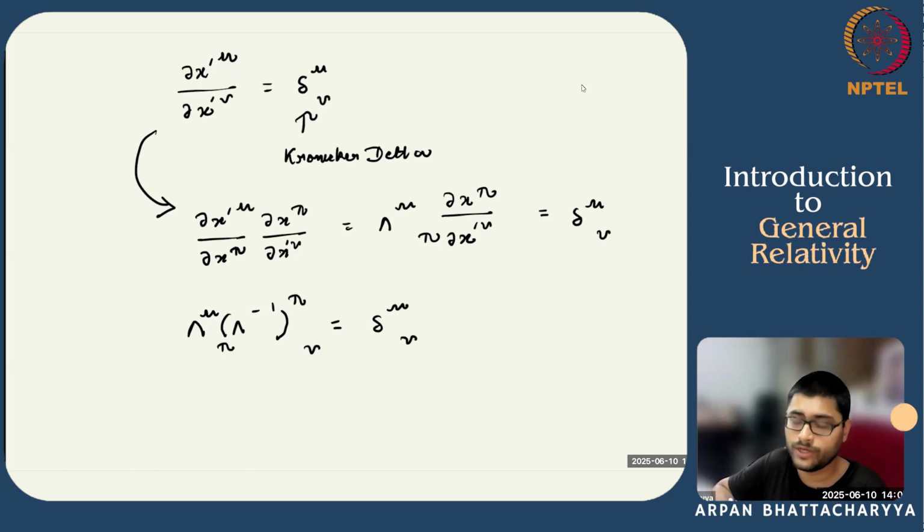So mu equal to nu, it's 1, otherwise 0, right? So the corresponding matrix is the identity matrix. Only diagonal elements are 1 and off-diagonal elements are 0.